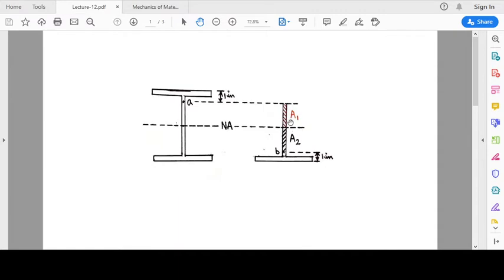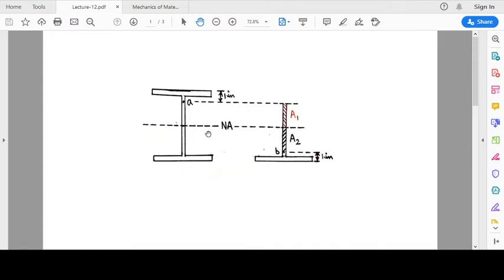So consider these two regions A1 and A2, where A1 is the region from point B up to the neutral axis. These two regions have the same area, and their location with respect to the neutral axis of the complete cross section is also identical.